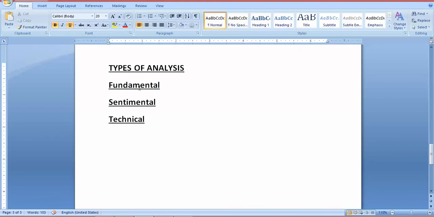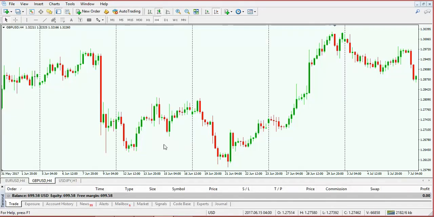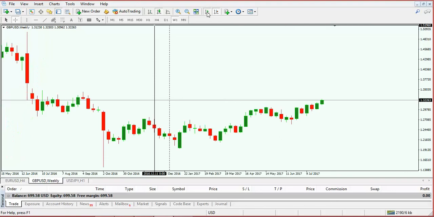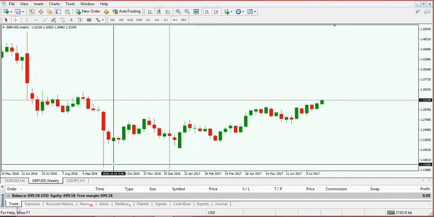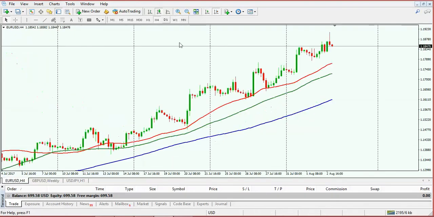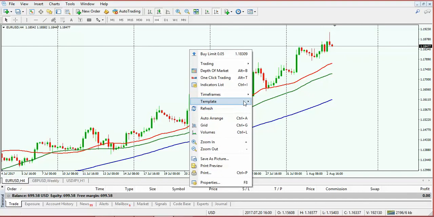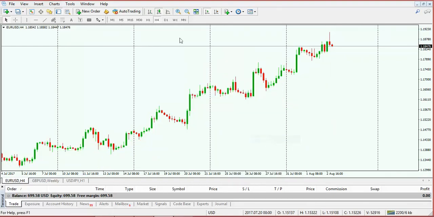Now, in sentimental, we are looking at the overall market sentiment, whether the market is bullish or bearish, or sideways. We can use the chart to know the sentiments. Let's go to the weekly chart of the Euro USD now. Let me remove the indicator from here.